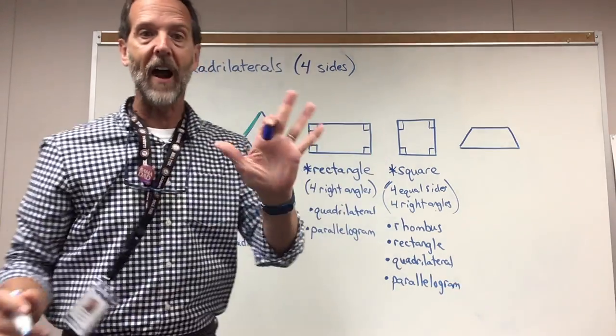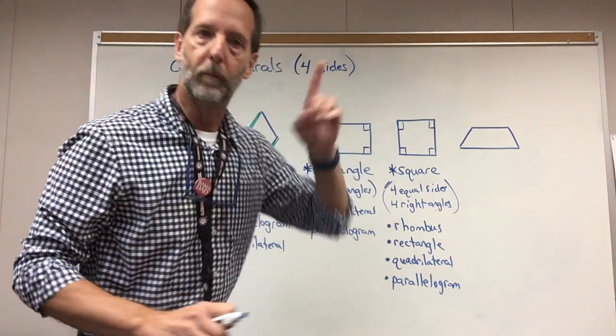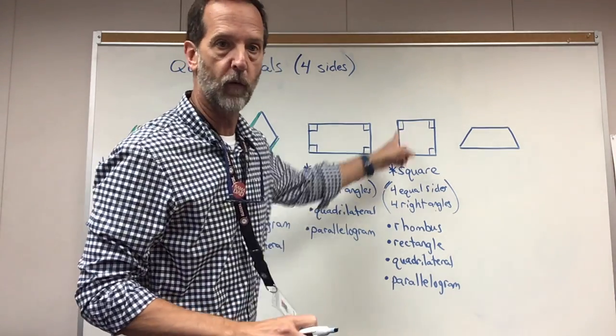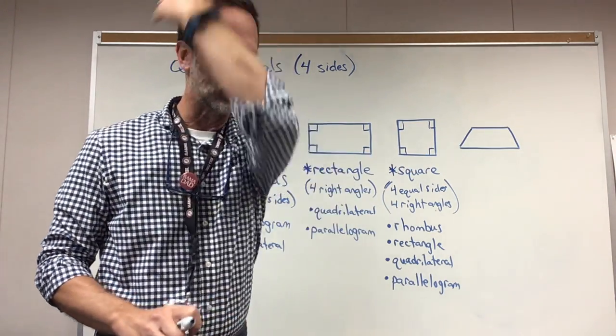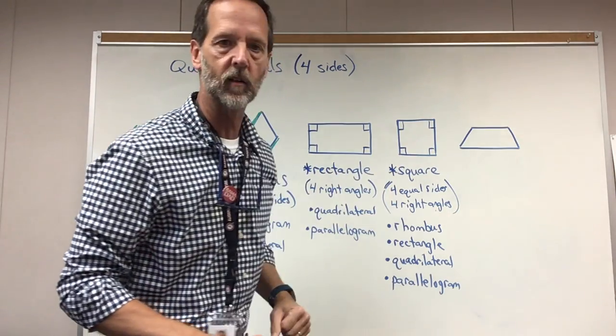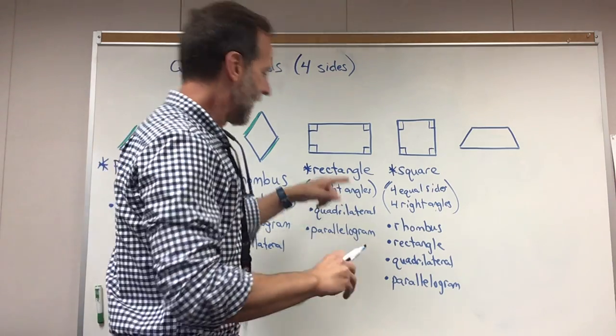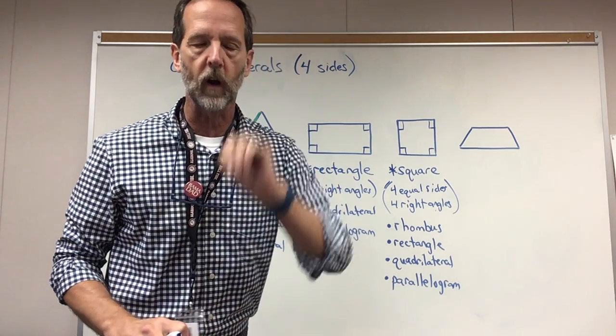So you're going to have 5 names for that shape. The best name is a square, but it's a rhombus because it has 4 equal sides. It's a rectangle because it has 4 right angles. It's a parallelogram because the opposite sides are parallel, and it's a quadrilateral because it has 4 sides.